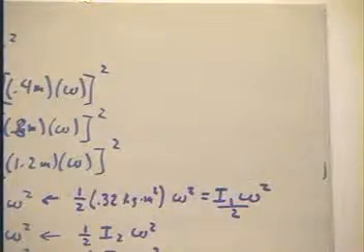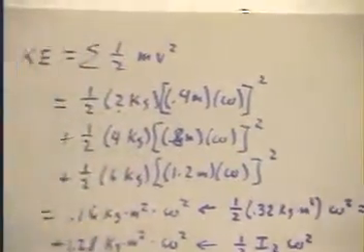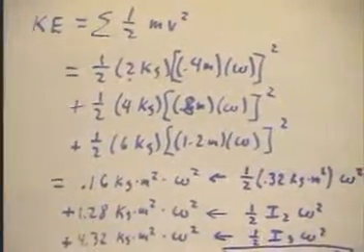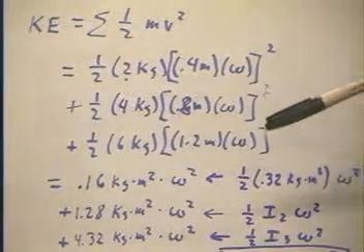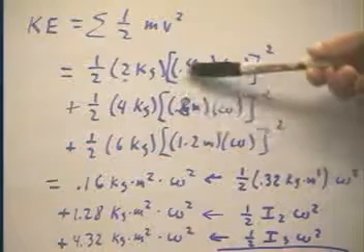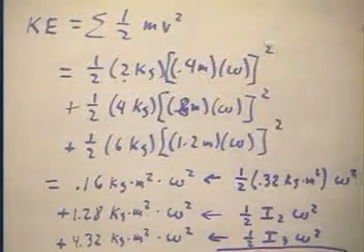And we'll get a total kinetic energy, again, by adding up all our 1/2 mv squareds. Now we've corrected the numbers. It's 0.4 meters, 0.8 meters, and 1.2 meters.